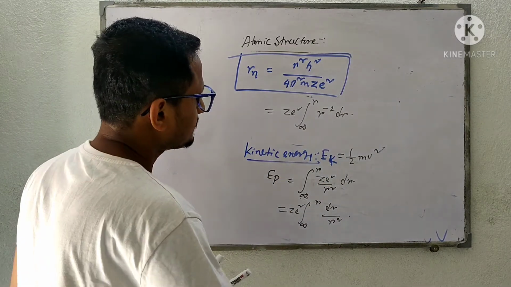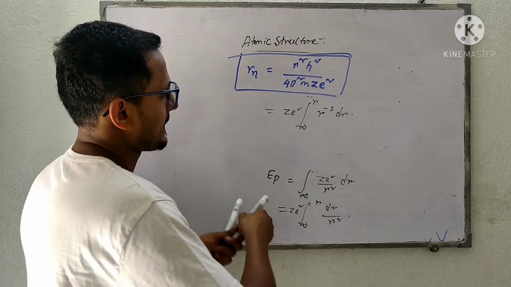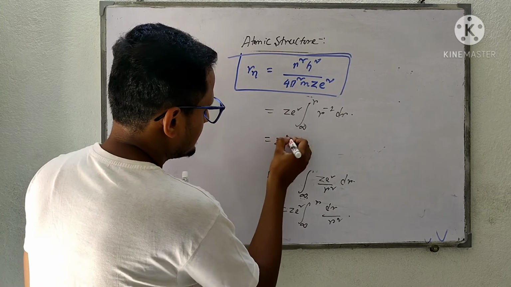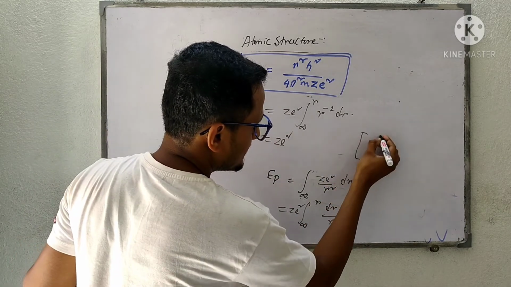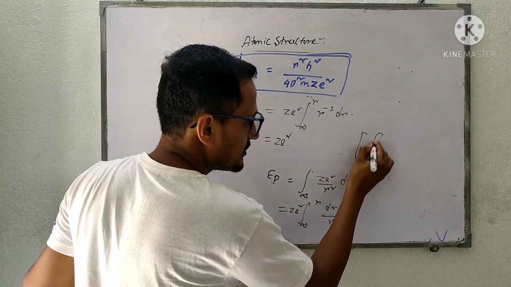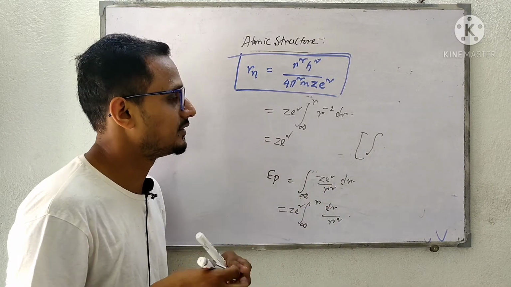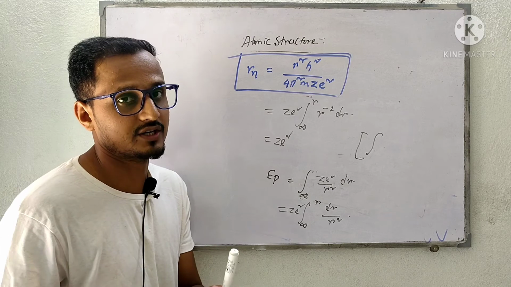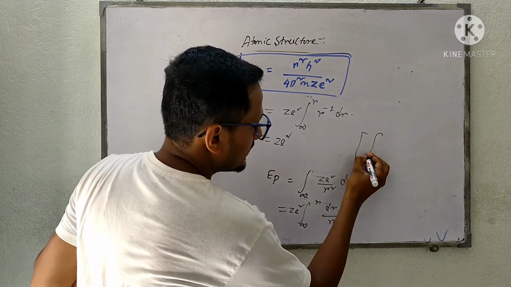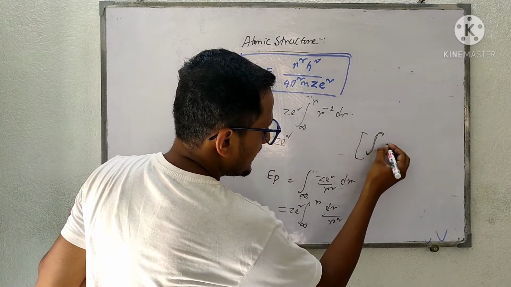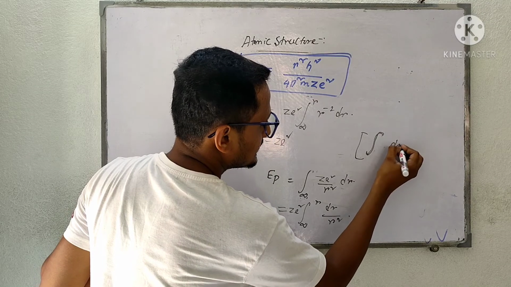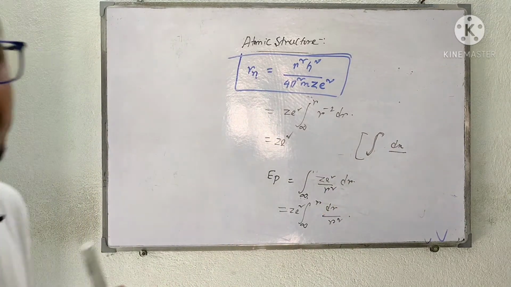Now the formula of integration, this is for those students who don't know the formula of integration, and for the newcomer 11 students. So here this is the integration sign.